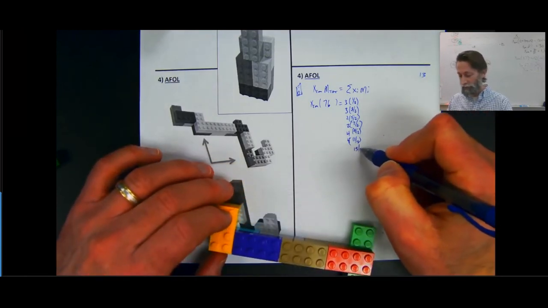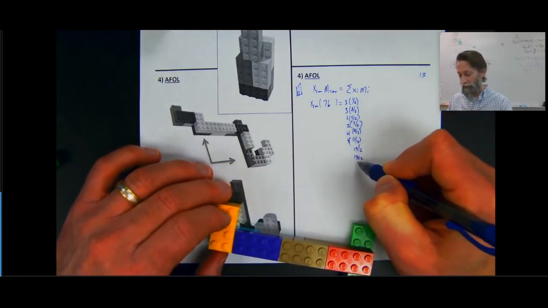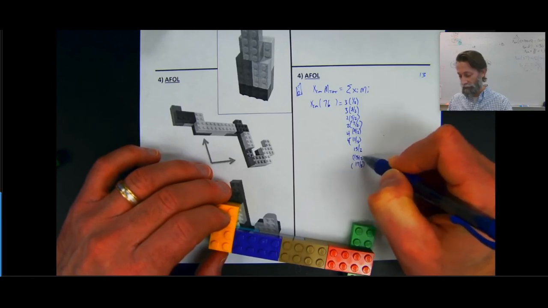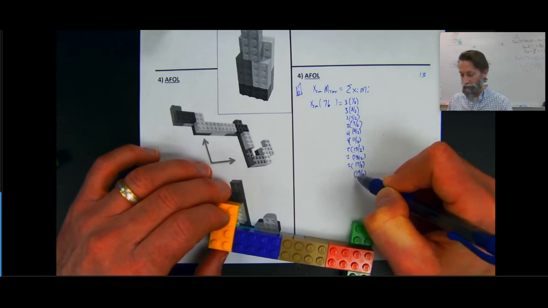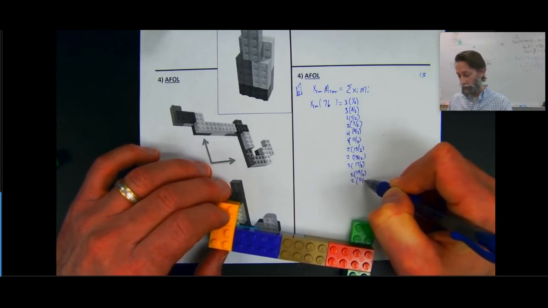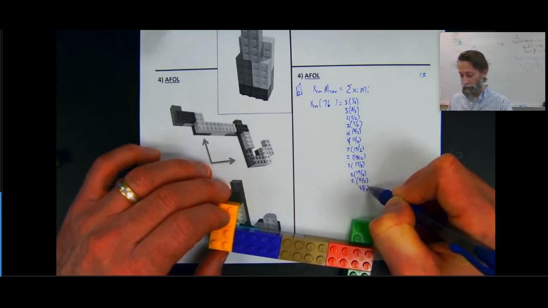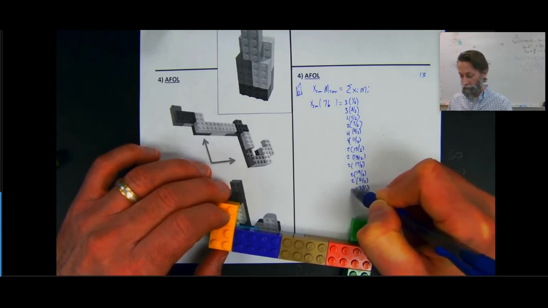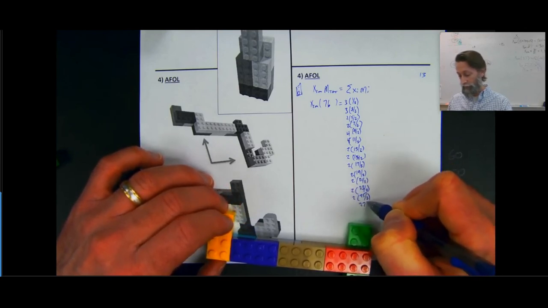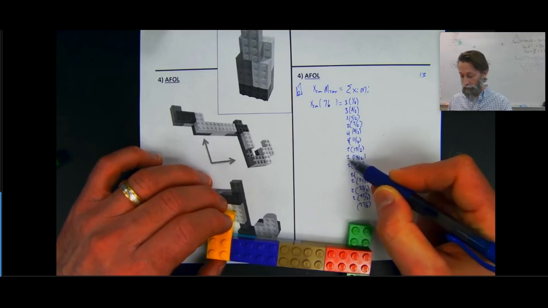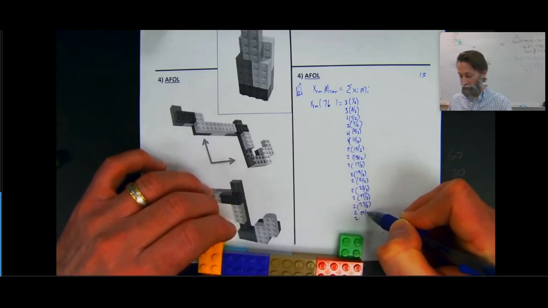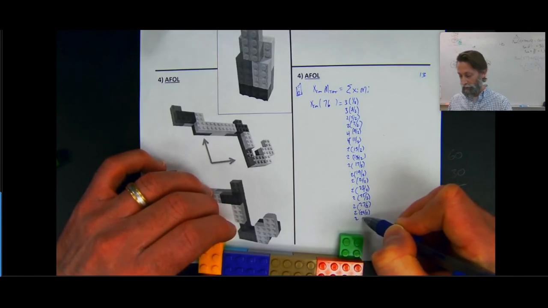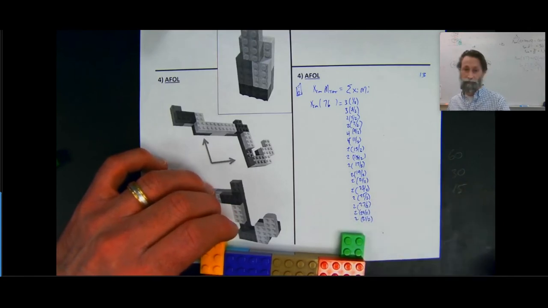So 13.5, 15.5, 17.5, 19, 21, 23, 25, 27, 29, and 31 halves.